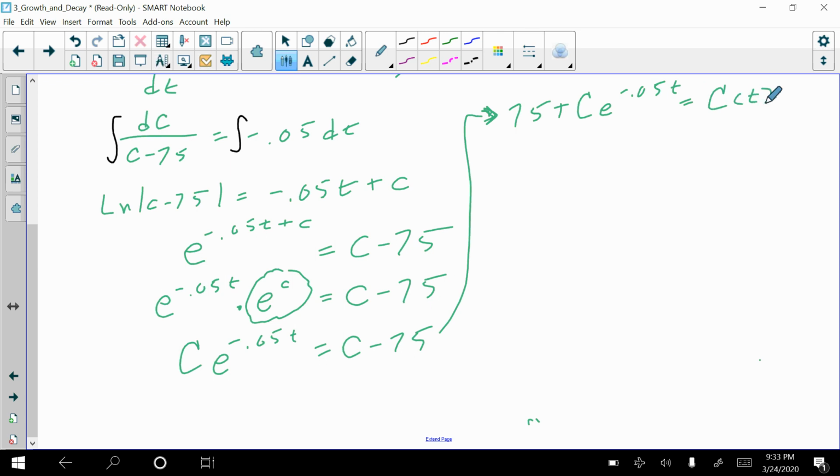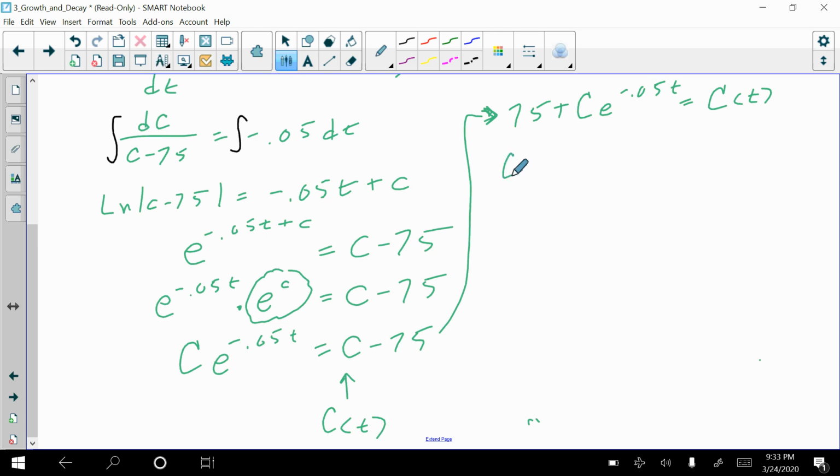So the c that remains on the right side of the equal sign becomes our function notation, and that is how we're going to now be able to identify what the temperature will be after 10 minutes.